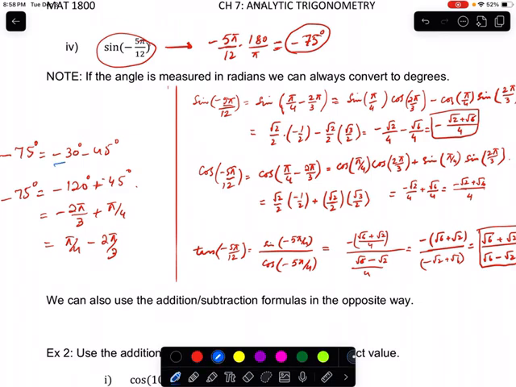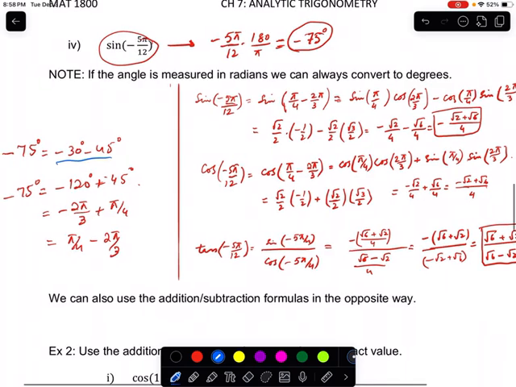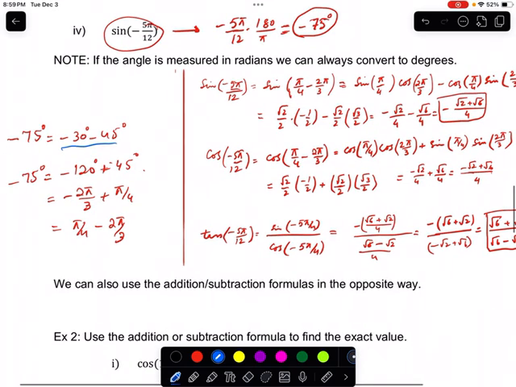If I choose this, then both angles have a negative sign, and I'd have to remember to think of this as negative 30 and then minus 45 if I want to apply the sine of A minus B formula. I would like one angle to be positive and one negative, so I rewrite it like this.